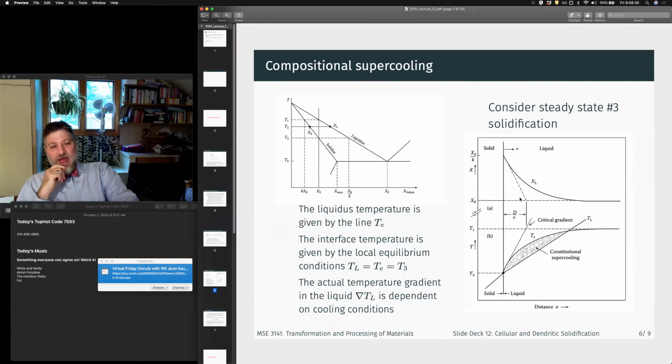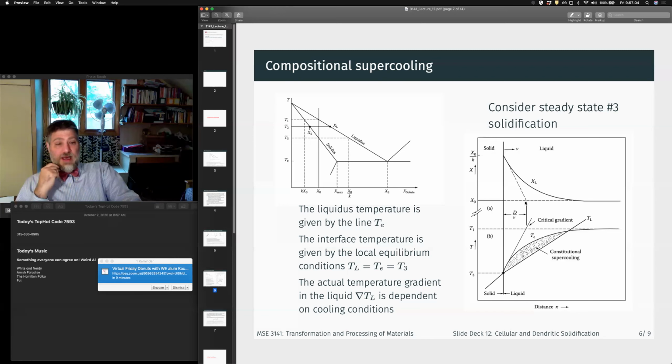And if my thermal gradient is steep enough, then it will be steeper. That's where this critical gradient comes in. The critical gradient is the temperature gradient that keeps me above this compositional supercooling region at all times.